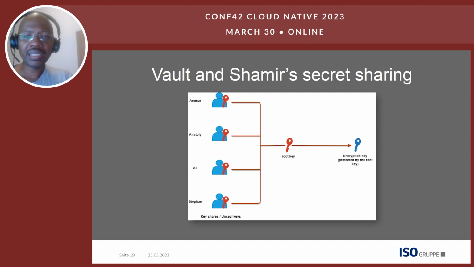This unseal key is handled using Shamir's secret sharing algorithm, in which the unseal key is split into a certain number of shards, among which a required amount of these shards is needed in order to reconstruct the unseal key and use it to decrypt the root key.